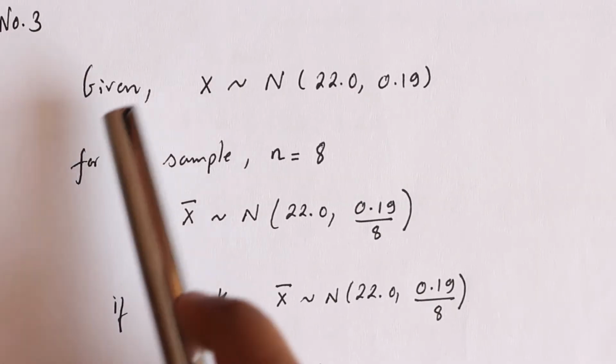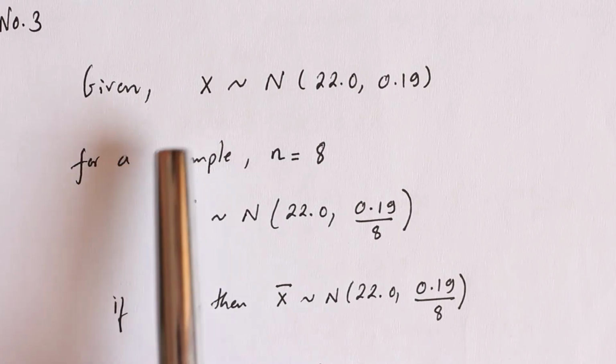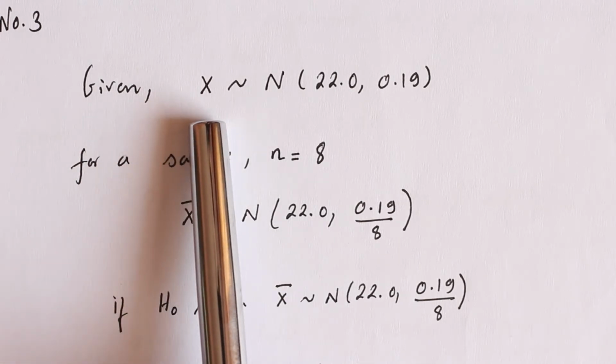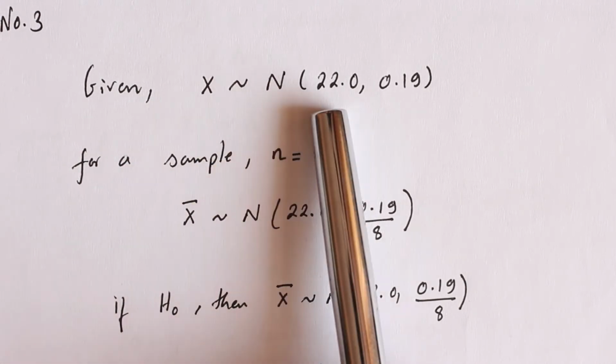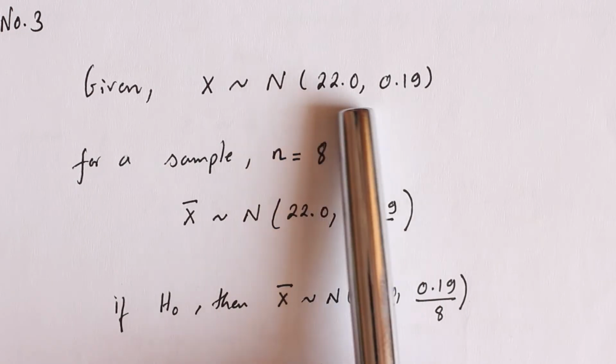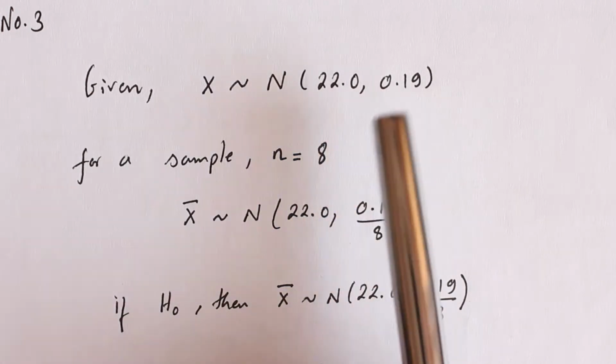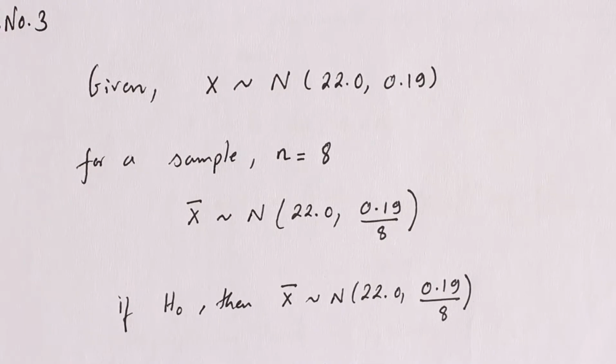In this question, we are given a normal distribution where 22.0 is the mean and 0.19 is the variance.